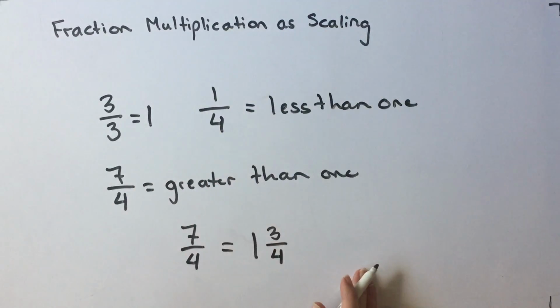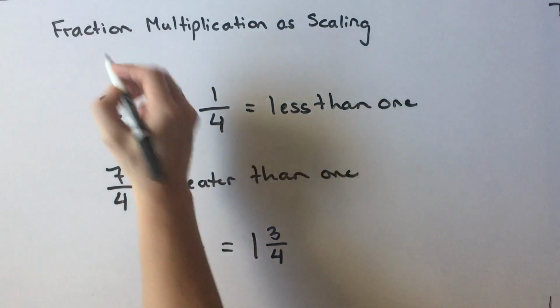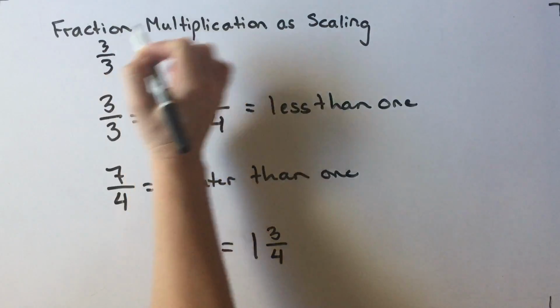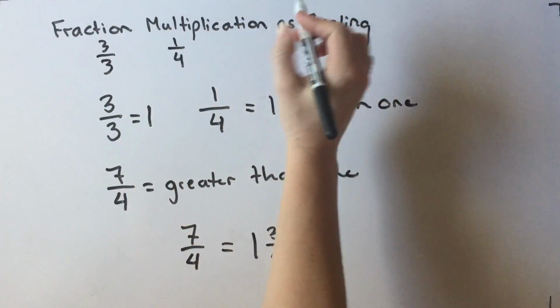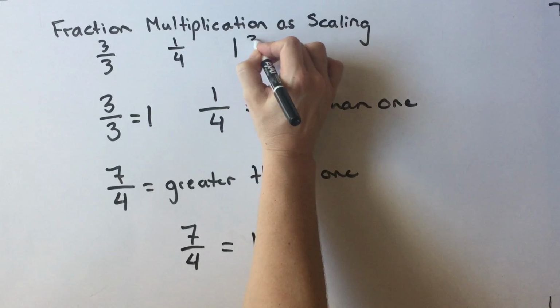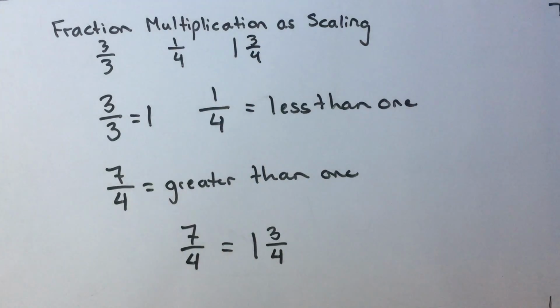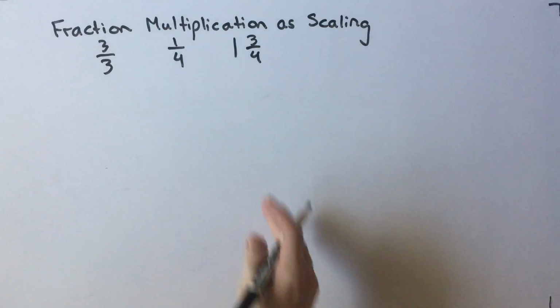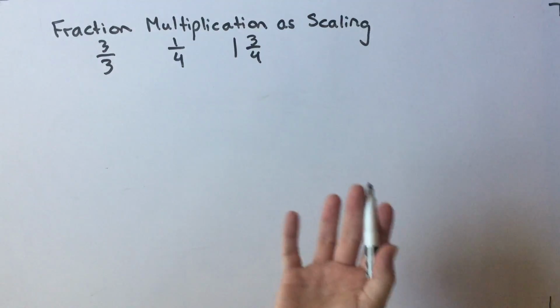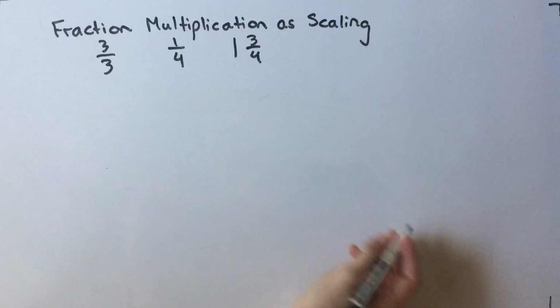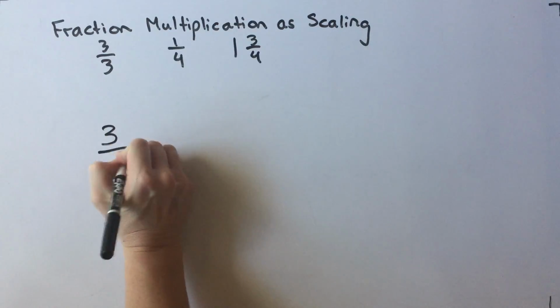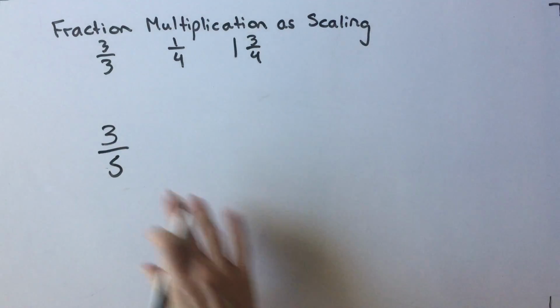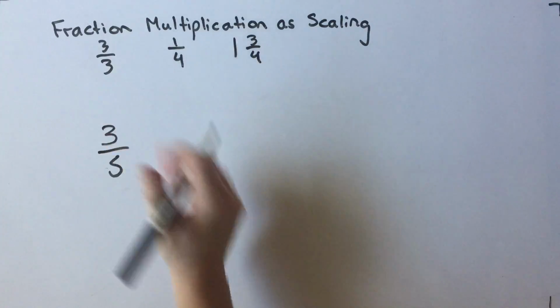So I'm just going to hold all of these fractions that I'm talking about, the 3/3, the 1/4, and the 1 and 3/4, up here at the top, and we're going to multiply them. I want a fraction that I'm going to do this with. So I'm going to take maybe 3/5. We're going to multiply 3/5 first by 3/3.